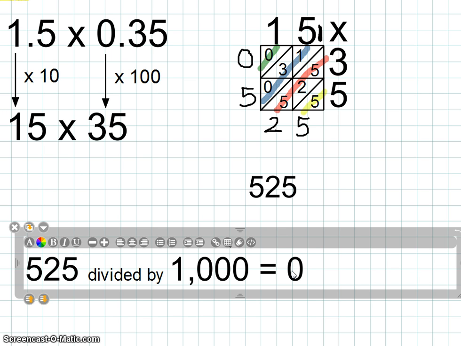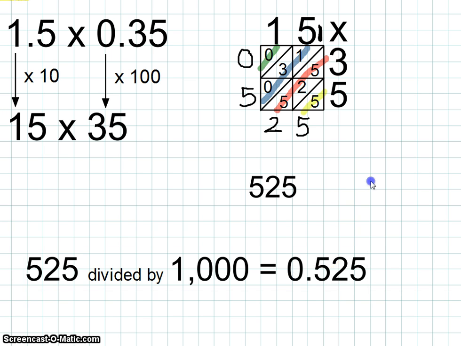Well, we get 0.525. And again, we did check on a calculator what 525 divided by 1,000 is in the previous video, and we got 0.525.